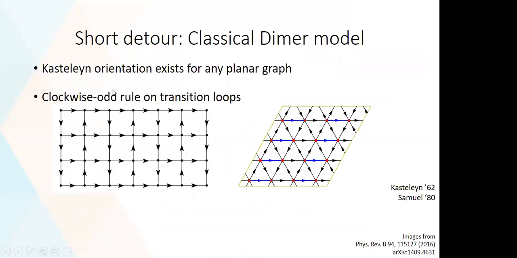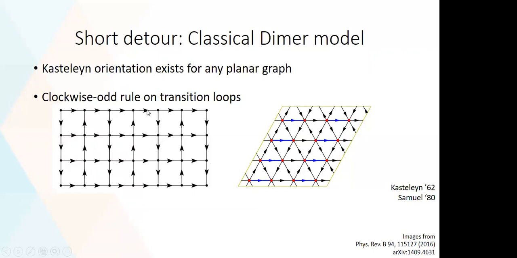Okay. So Kasteleyn in his paper also shows that we need to find this assignment of plus minus sign, or equivalently, the directionality, the orientation of the edges. And what he shows is that this orientation should hold what's known as the clockwise odd rule.